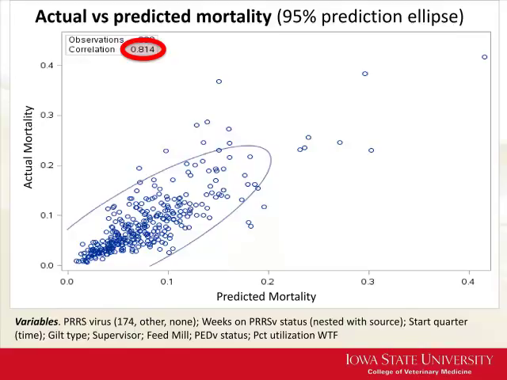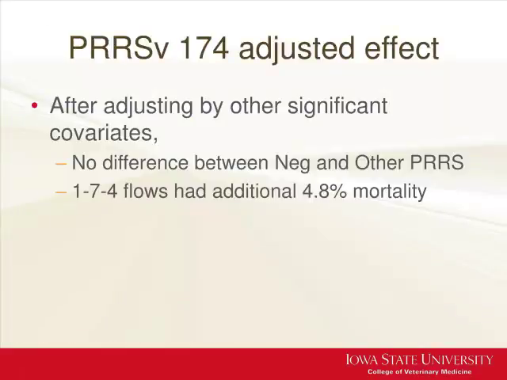We were quite satisfied with the model predictability, and looking specifically at what we started discussing, the relative importance of being infected with 174 and how 174 contributed to mortality.